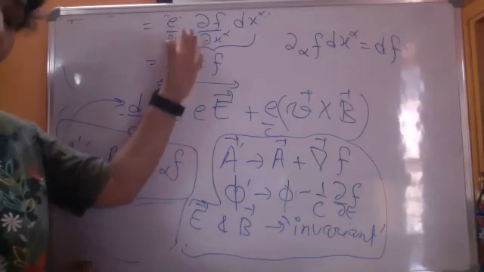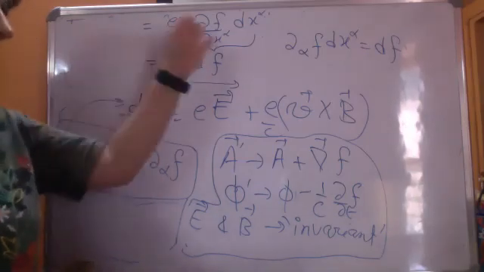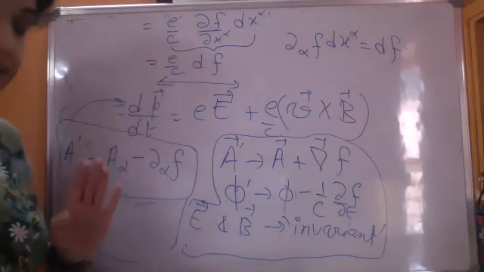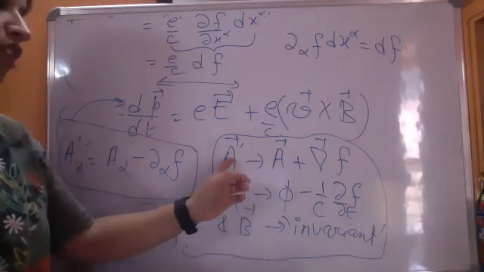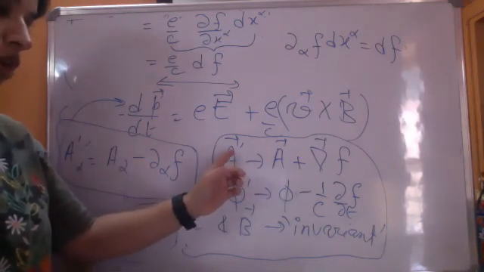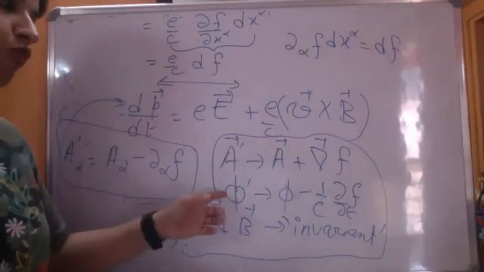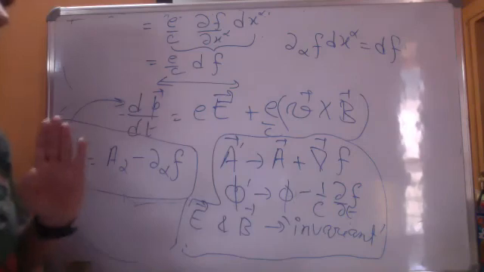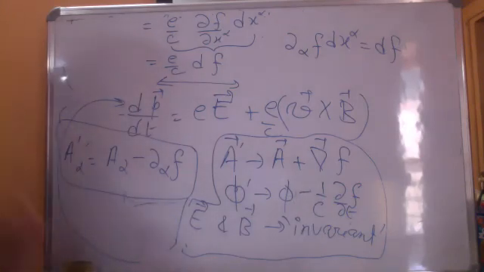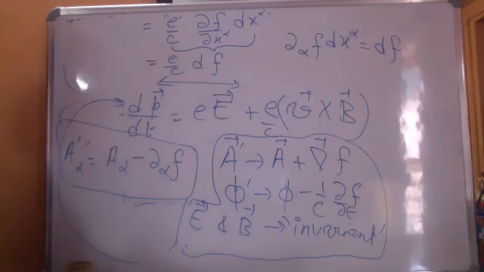There is no set form of f that I started with. It is some arbitrary function of x alpha. If I change my A to A prime, which is A plus grad f, and my phi to phi prime, which is phi minus 1 by c del f by del t, then my E and B will remain invariant, right?